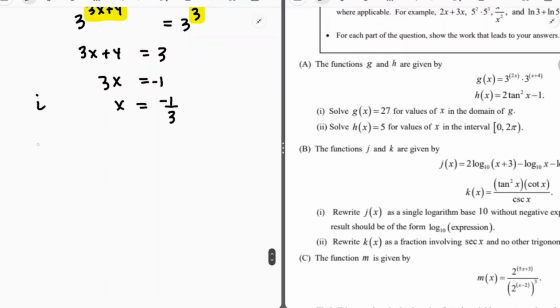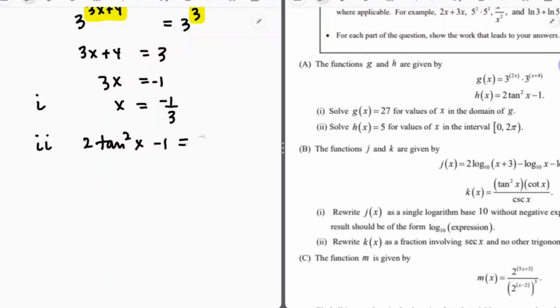For part 2, we want to know where h of x equals 5. So 2 tangent squared x subtract 1 is equal to 5. Now I'm going to isolate the tangent, so I'm going to add 1 to both sides of this equation.